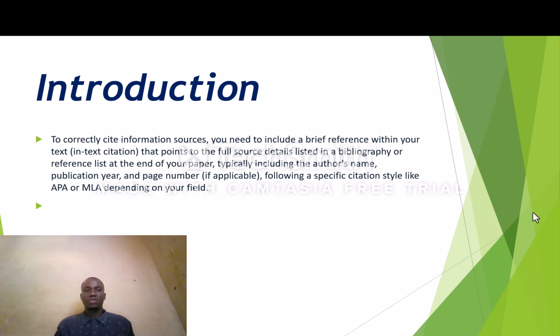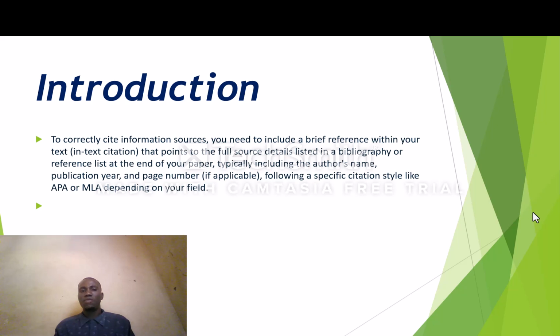Under introduction, they're saying that to correctly cite information sources, you need to include a brief reference within the text. That brief reference is called the in-text citation.